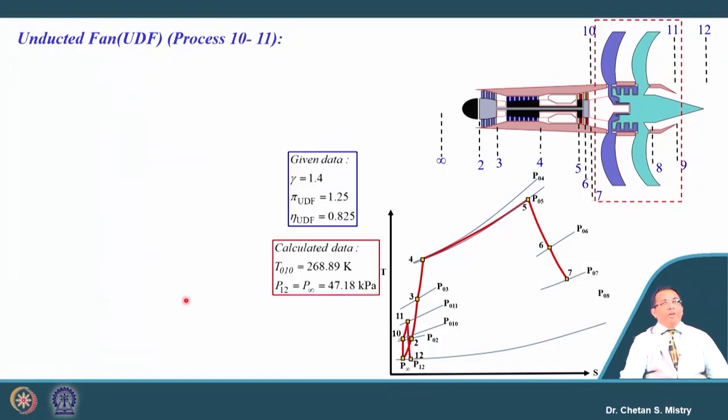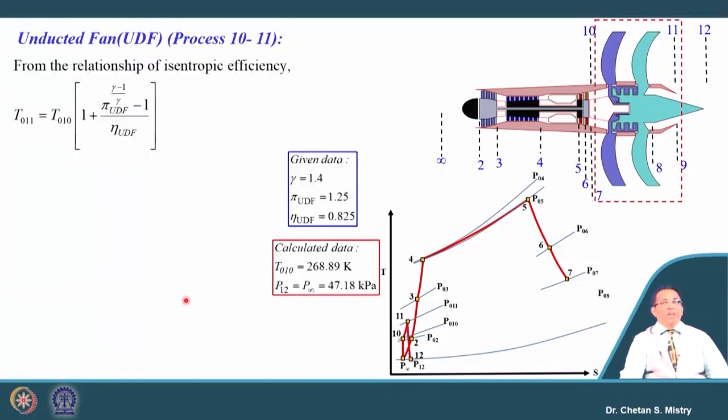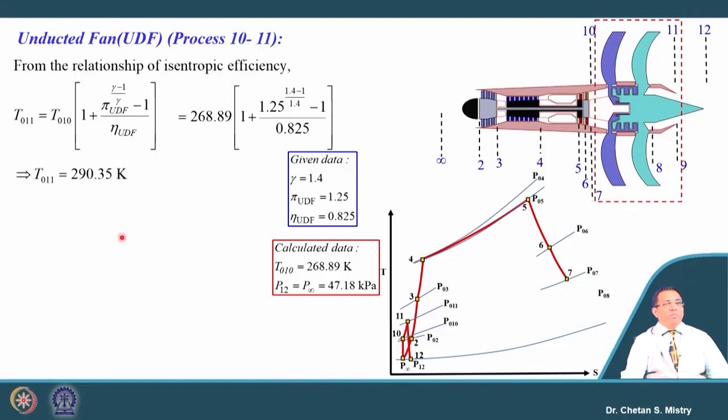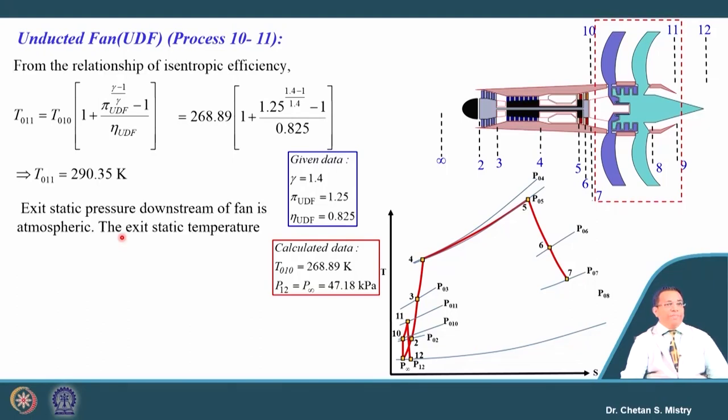Okay. Now, here we are also interested in the outlet temperature. This outlet temperature can be calculated based on the isentropic efficiency of the unducted fan and its pressure ratio. If we put in these numbers, the total outlet temperature from the unducted fan comes to be 290.35 Kelvin.